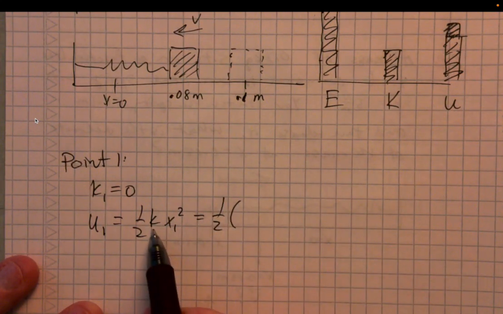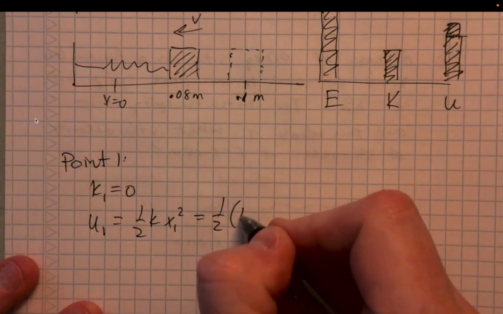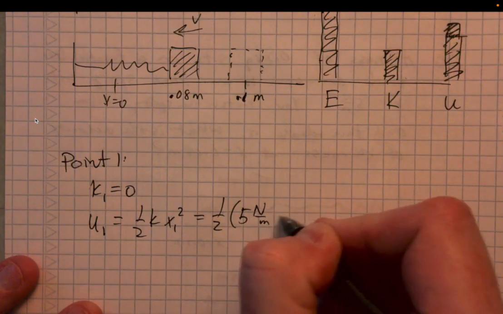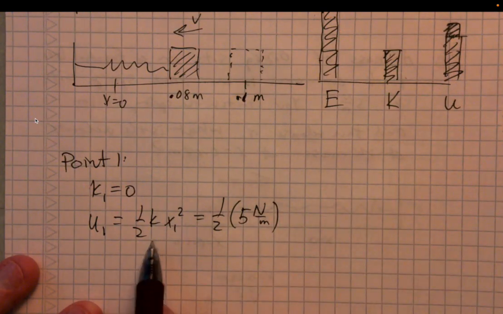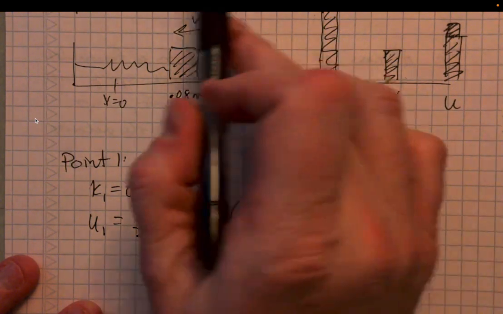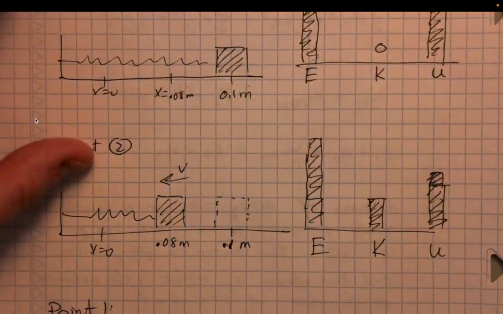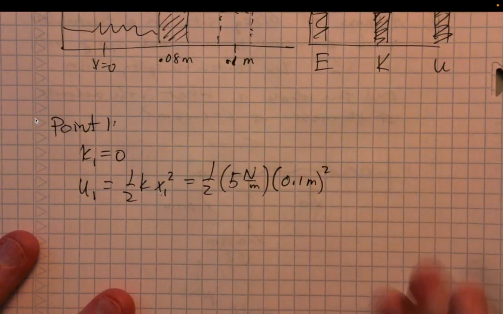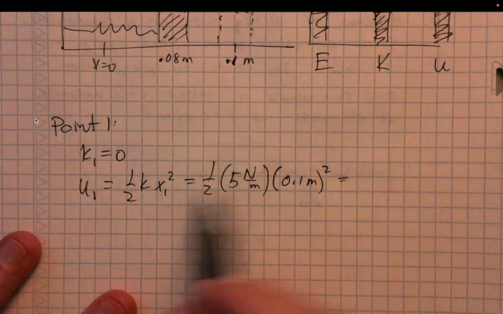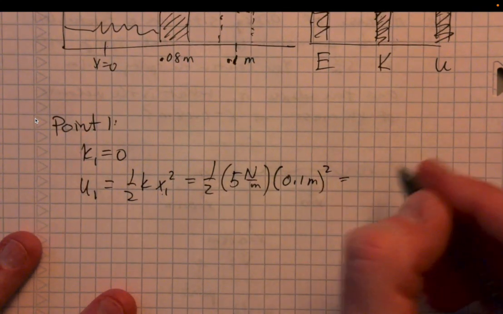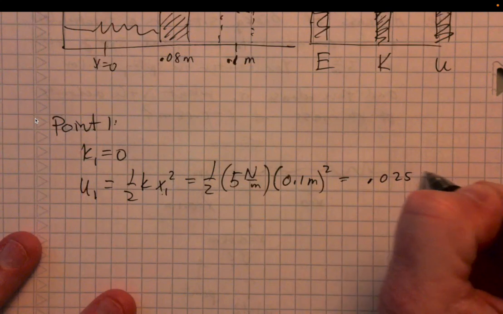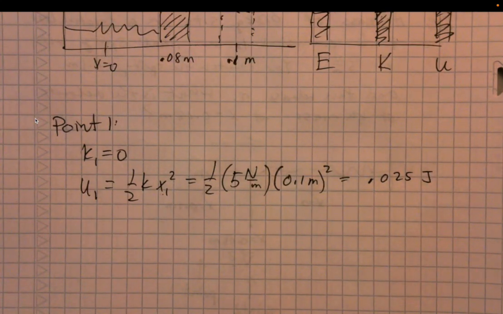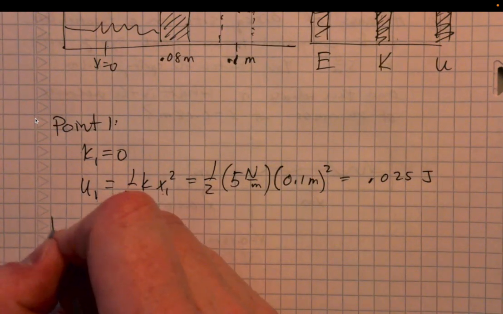We know the spring constant is 5 newtons per meter, and the distance this thing has been stretched is 0.1 meters, which we square. Multiply all of that together, and you get 0.025 joules. So the potential energy is 0.025 joules at point 1. Now what about point 2?